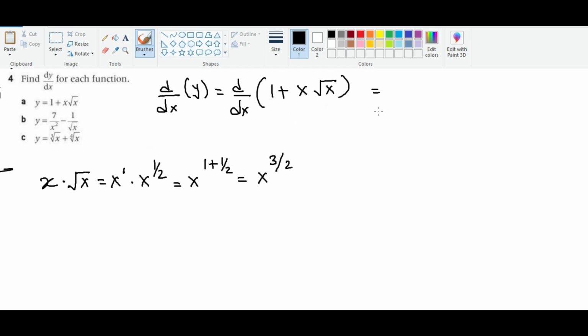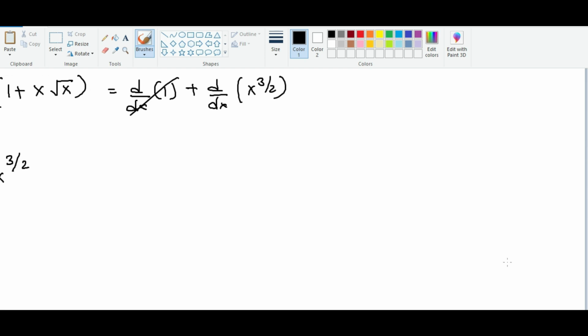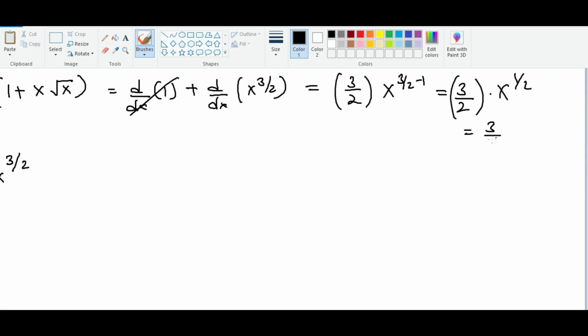So when you do this, we separate it: 1 is to be separated, plus dy by dx of x to the power 3 by 2. 1 is a constant, no need to worry, it's going to be 0. What about this? N value is 3 by 2, so n comes out, x to the power 3 by 2 minus 1, and you know it is 1 by 2 only left, so x to the power 1 by 2, and that is just square root of x.